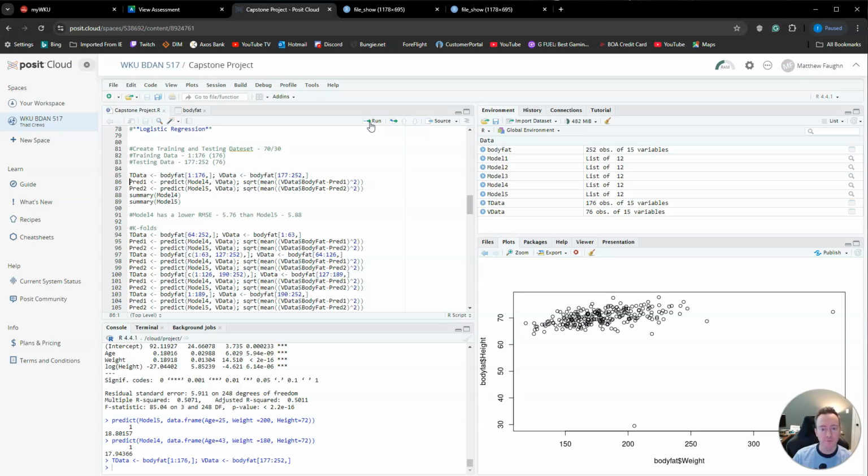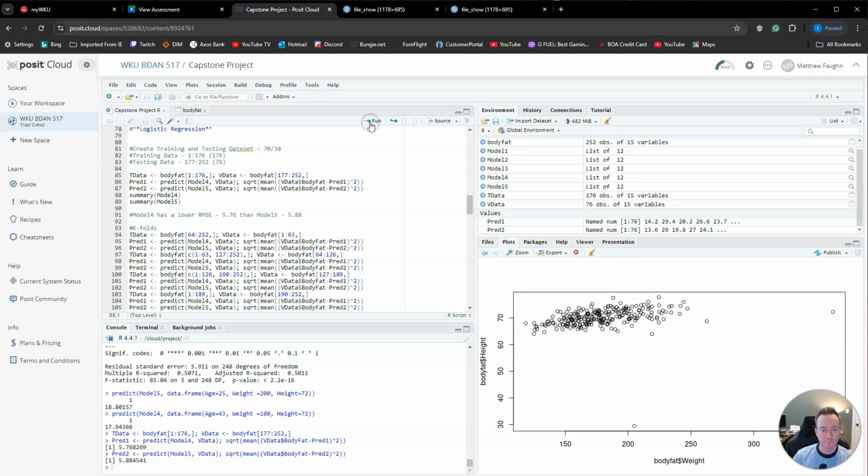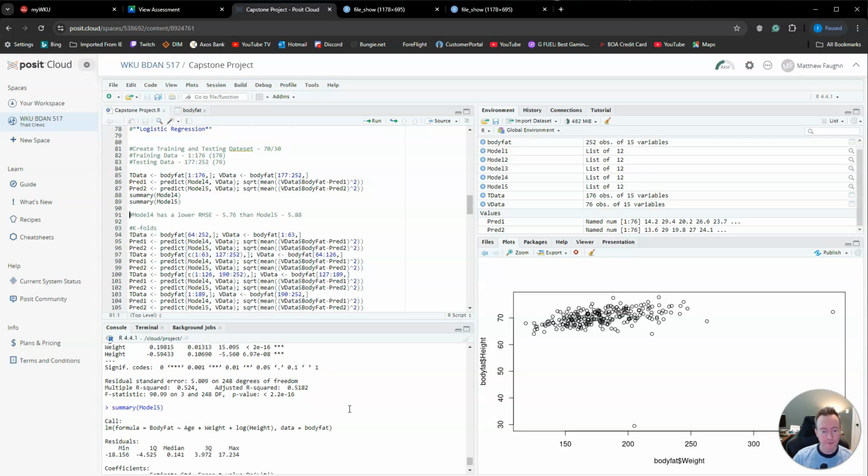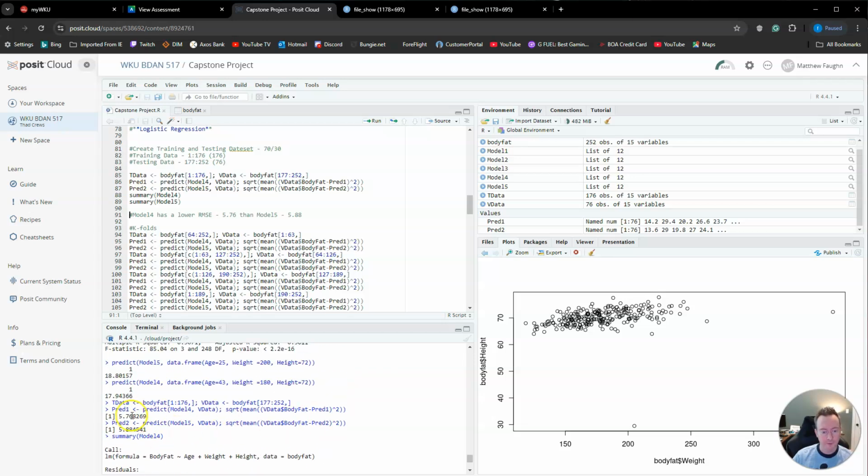We'll be looking for the square root, or the RMSE, again comparing models 4 and 5 against each other. Going back up to prediction 1, the RMSE came to be 5.76, or excuse me, the mean 5.76, and then 5.88.